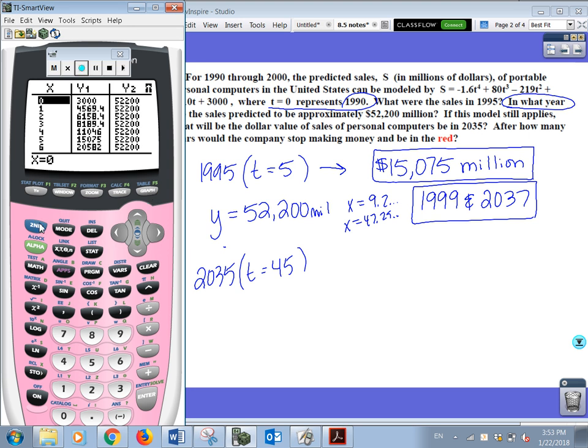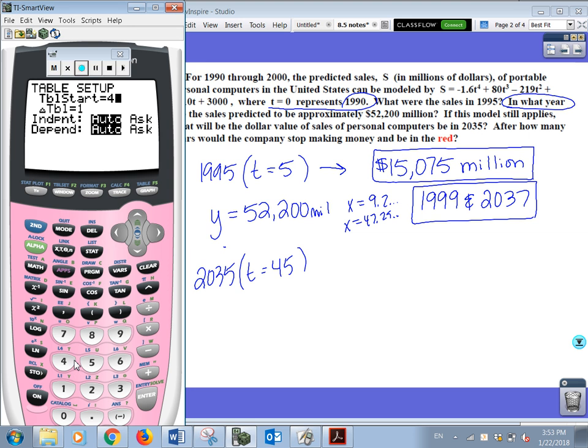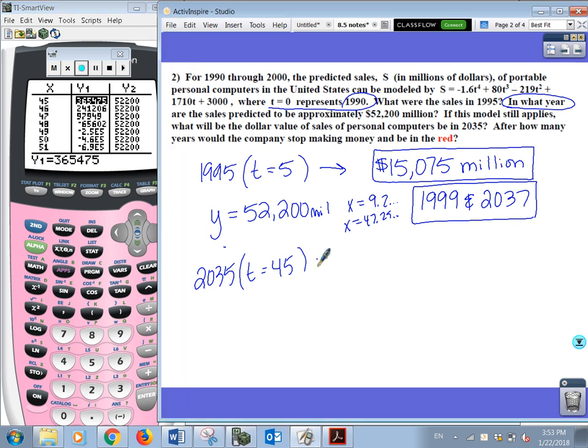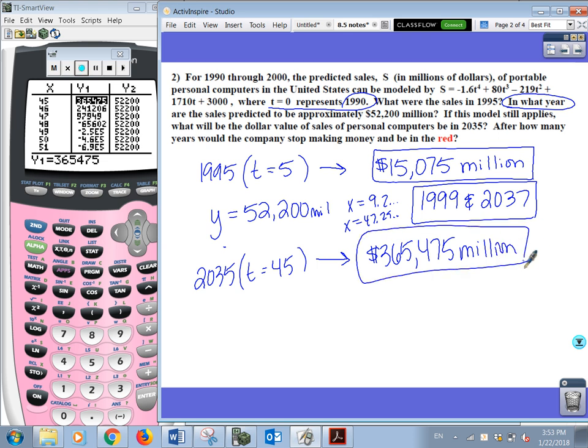So I'm going to go second window, and I want to go straight to 45, so I can just hit table start 45, and now when I go back to my table, it's there. And there's my answer. So here that would be 365,475, and again, that is in millions. So we have to be sure to have that word million there, or add the 6 zeros.